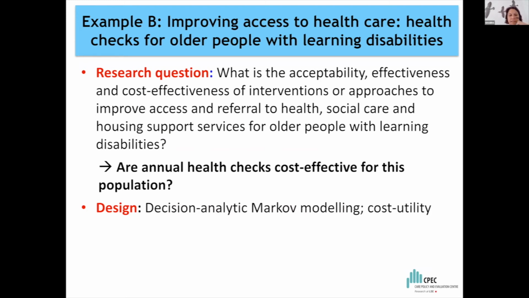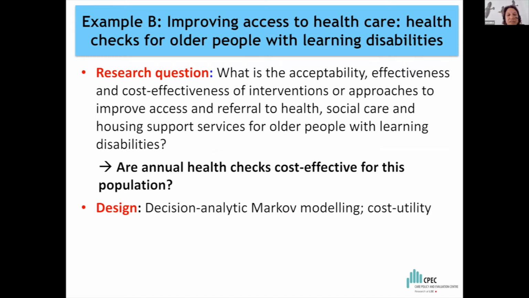And that's for care and support for older people with learning disabilities. Many of you will know that older people with learning disabilities grow old differently, and they grow old with complex health, social care and housing needs.